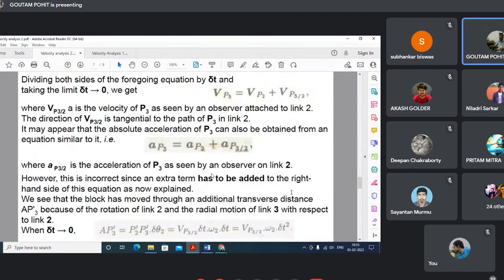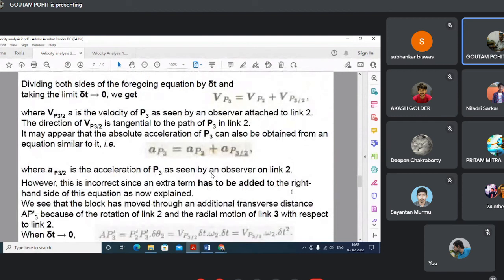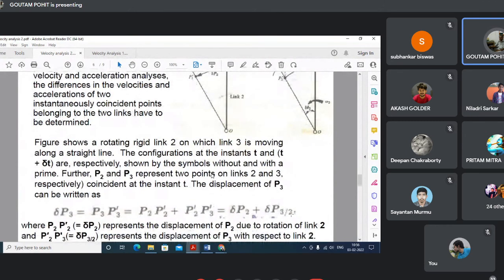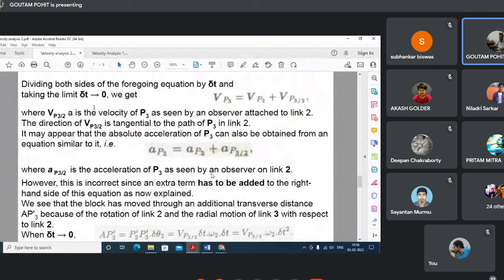Now, since this is a displacement diagram, a position vector, we can find out the velocity. How? We just differentiate with respect to time. Taking the limit delta t tends to 0, we'll get Vp3 equal to Vp2 plus Vp32. That we know already.